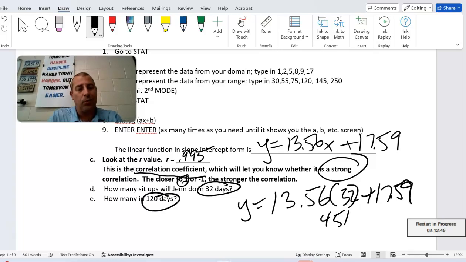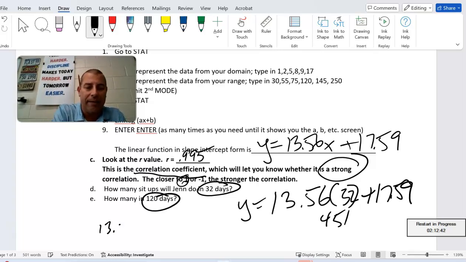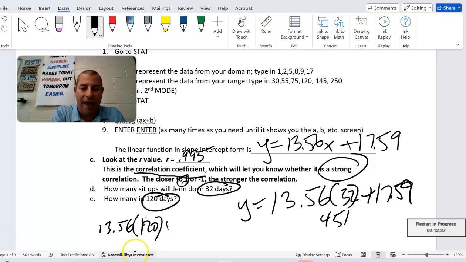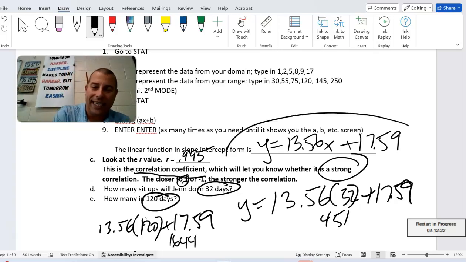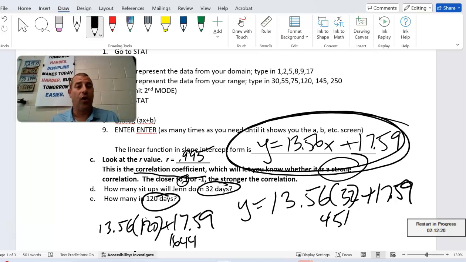For 120 days, we'll do the exact same thing all over again, but this time we'll plug in the 120 for your X, and that's going to give you right around 1,644. So again, it'll take the data and give you the slope intercept form instead of you trying to draw your line and then reading your graph. It's just going to give you a much more accurate fit.